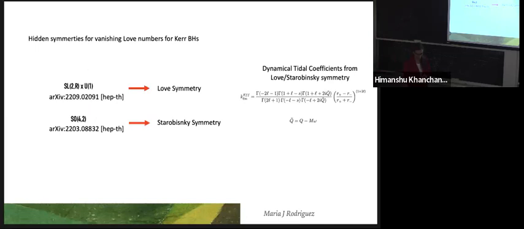So, for trying to explain the zero Love numbers, there were two proposals, at least from what I can read. I know Sergey perhaps has a different view on this. Sergey and collaborators worked on imposing some symmetries, in particular something called hidden symmetries of the spacetime.